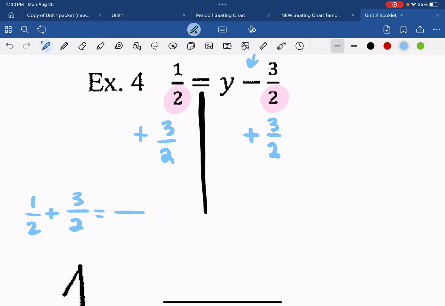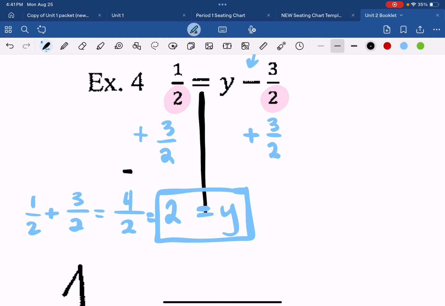When we add fractions, my denominator stays the same when we add or subtract. So when this is a plus or minus, the denominator stays the same. So it stays at 2 across the board. Then we just add the numerators. 1 plus 3, I get 4, which simplifies to 2. So y equals 2, because my y came down.